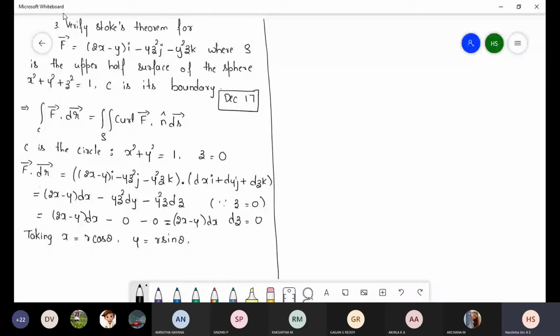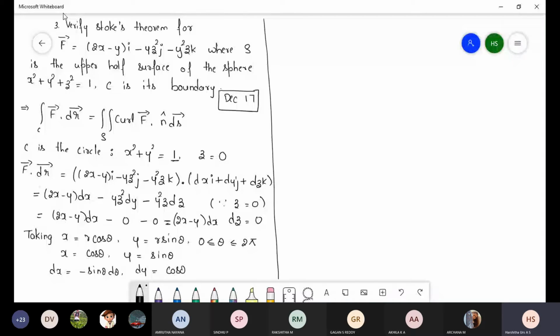But here we have r value 1. So x is equal to cos theta, y is equal to sin theta. One more thing, differentiation: dx is equal to minus sin theta d theta, dy is equal to cos theta d theta.